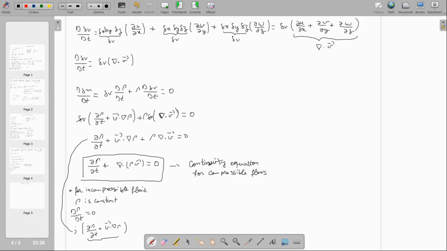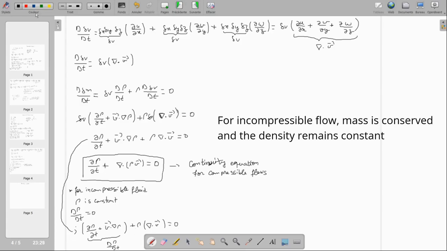So this expression is d rho over dt, plus rho nabla dot v equals 0. So this first expression goes to 0.